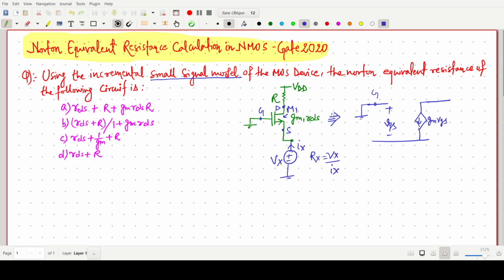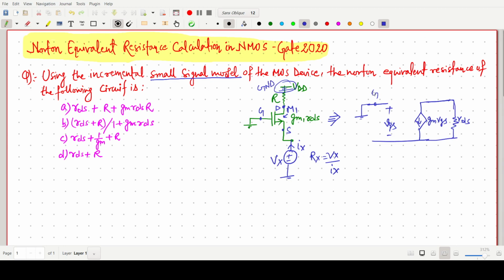And this is the given RDS, so we have to add this RDS here. For the small signal model, we have to ground this DC voltage. For the AC signal analysis, we have to make it ground.